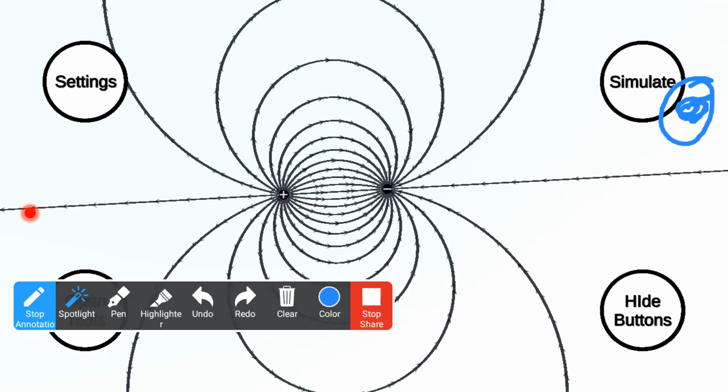Because once you go very far away, you can consider an imaginary surface. Within that imaginary surface, there is both positive and negative charge, and approximately the net is 0. So when you go far away, the field strength is 0. Please note it down, sir.